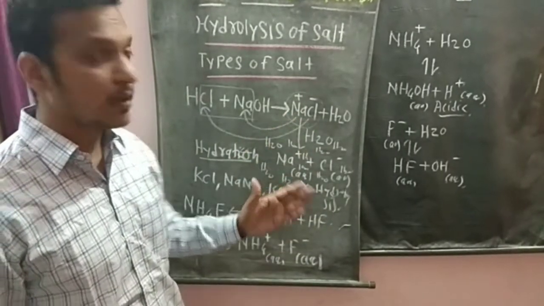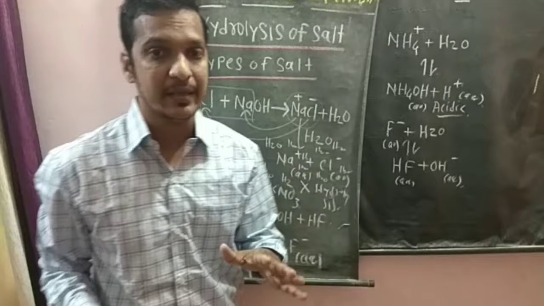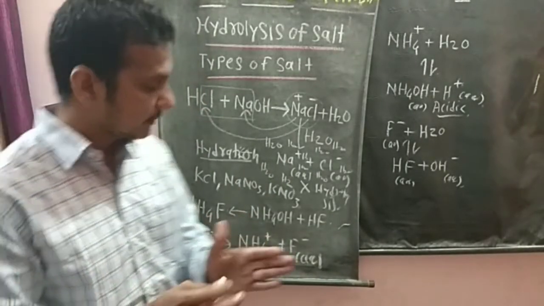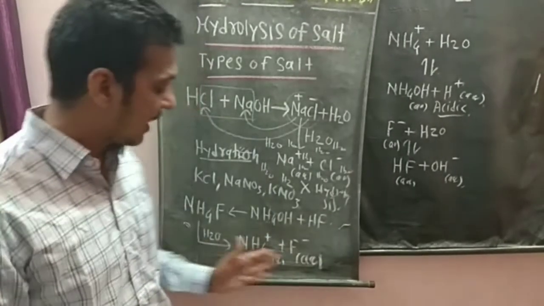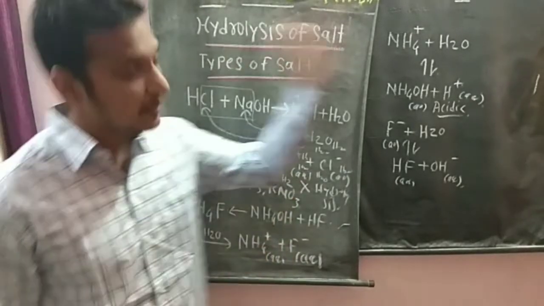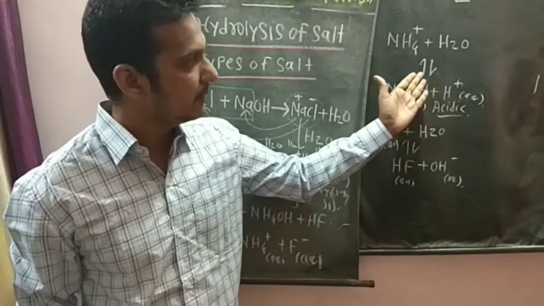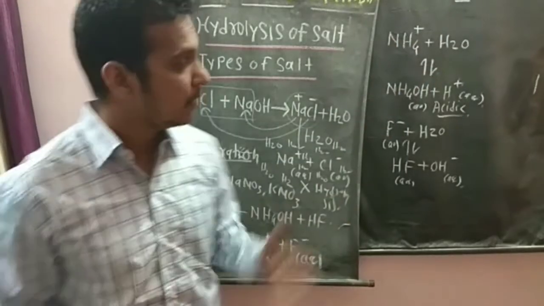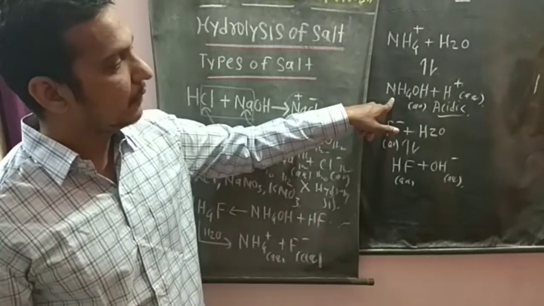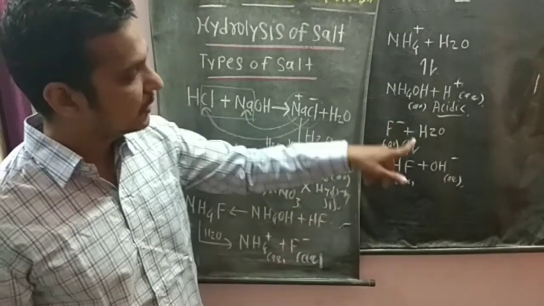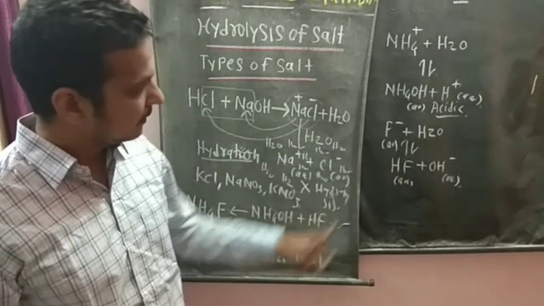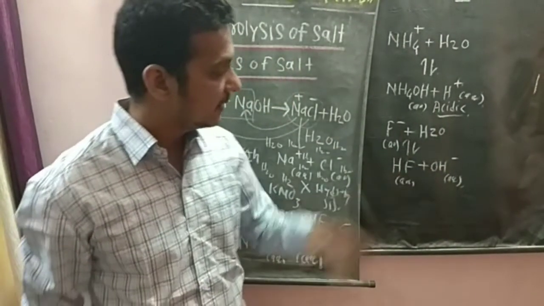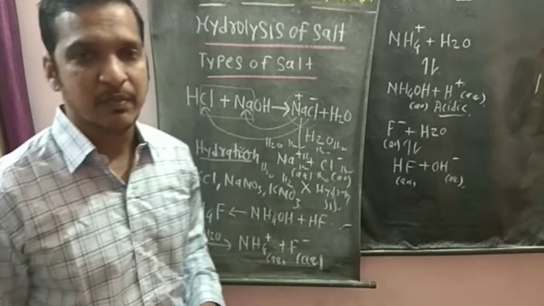Sodium chloride ions do not react further with water, but in the case of ammonium fluoride, when it dissolves in water, it gives us ions, and these ions again further react with water. Equilibrium is established between reactant and product. NH4 plus reacts with water to form again the weak base NH4OH, and F minus further reacts with water to form the weak acid HF and OH minus.